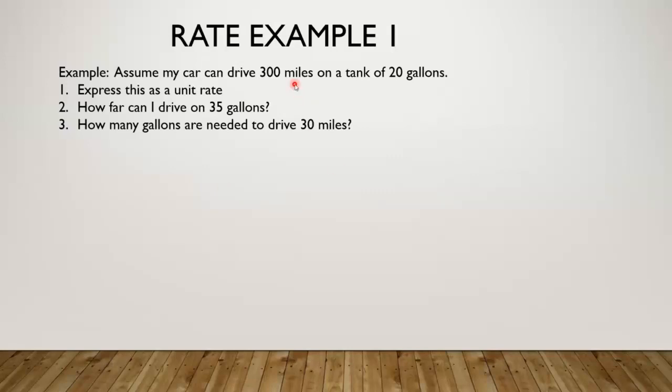This is what we're given. The first thing we want to do is express this as a unit rate. Notice we do have a rate here, 300 miles on a tank of 20 gallons. As a rate, it's just a fraction.